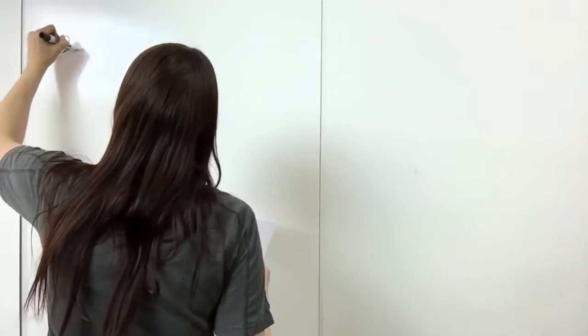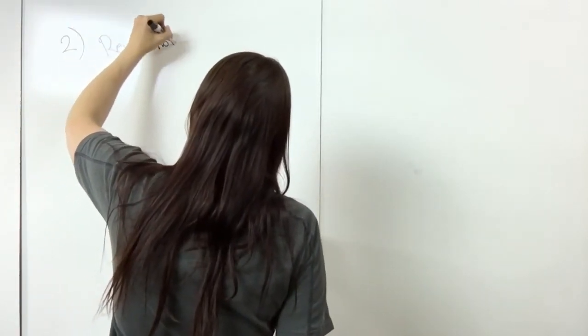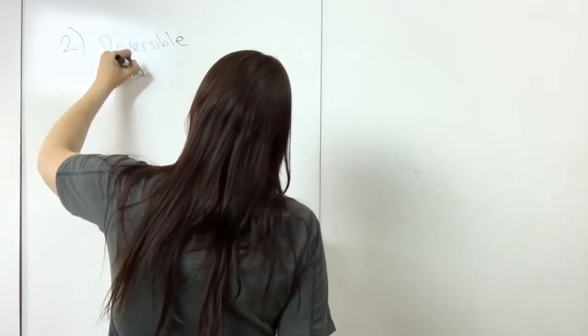So for number 2, it says the following reversible gas phase reaction takes place in a PBR. So this is 2. First of all, you know it's reversible. You know it's a PBR.